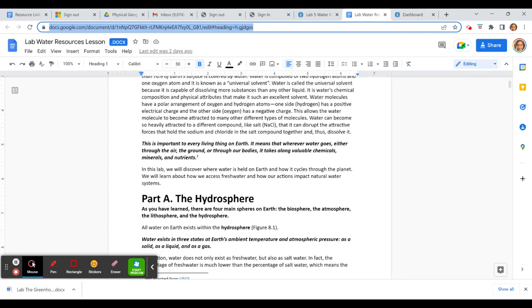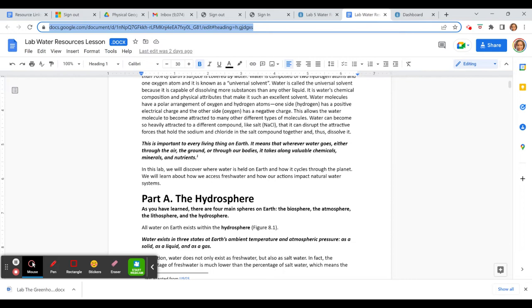Water is important to every living thing on earth. It means that wherever water goes, either through the air, the ground, or our bodies, it takes along chemicals with it, minerals, and nutrients. So it's important to remember that since water is a solvent, there are going to be other things present in the water.